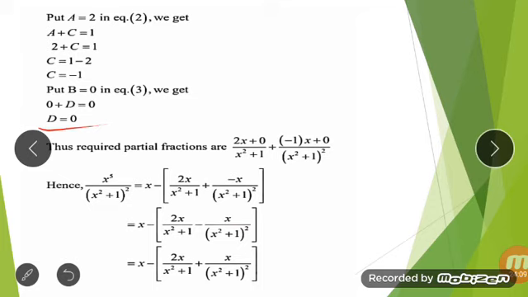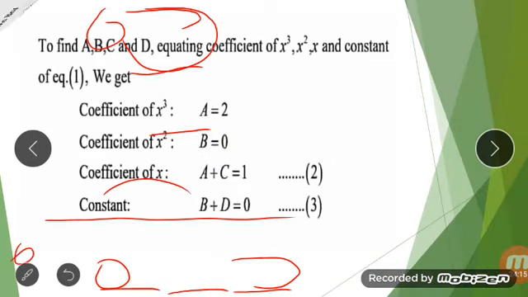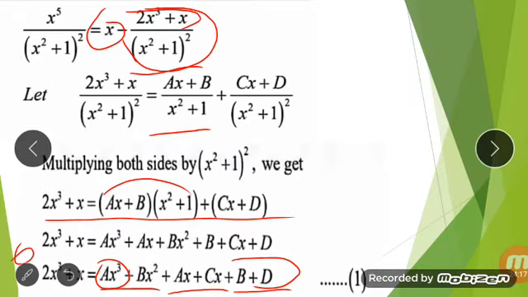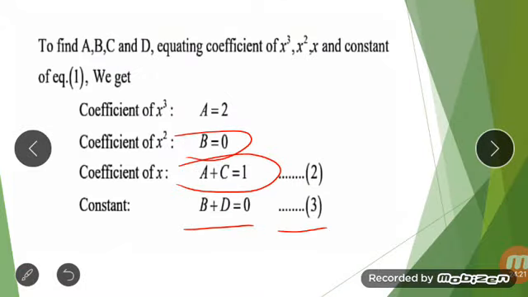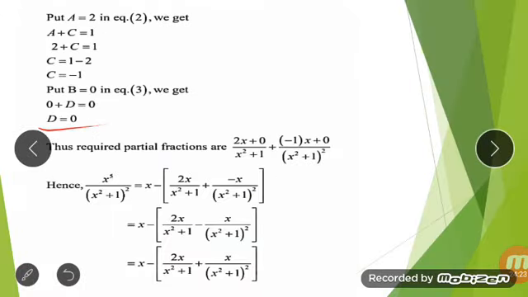We are supposed to put this back into the equation here. As this equation was equal to, you can see here we have x minus, so x minus should be written. You are not going to ignore that. Then because it is a minus sign, minus will be with all these partial fractions, so a bracket is put.